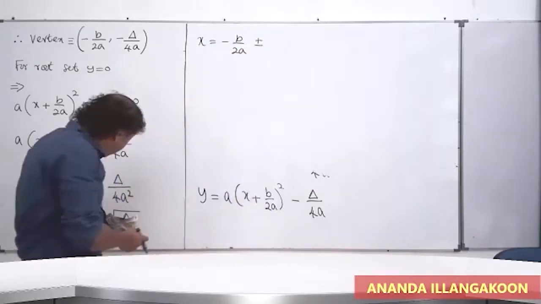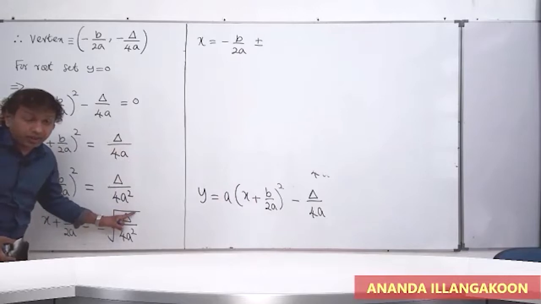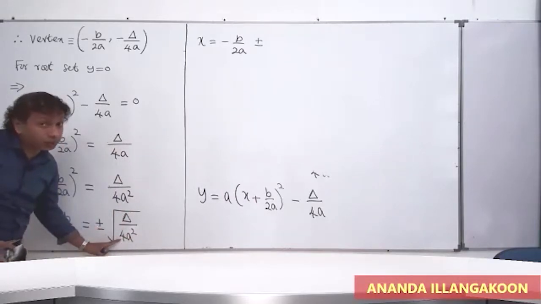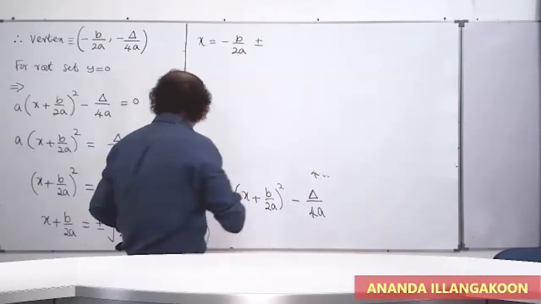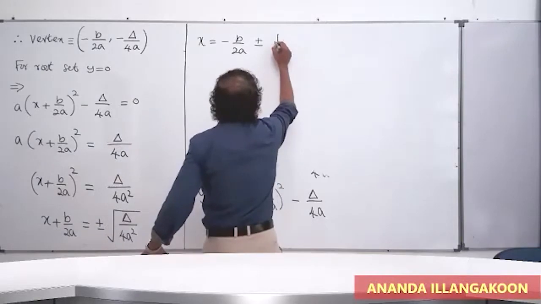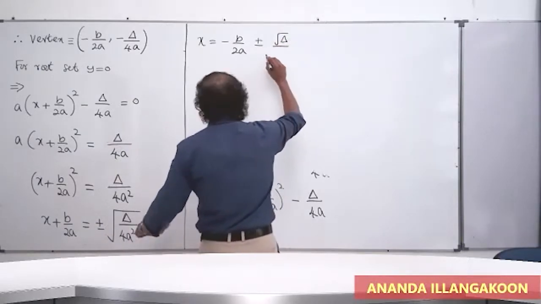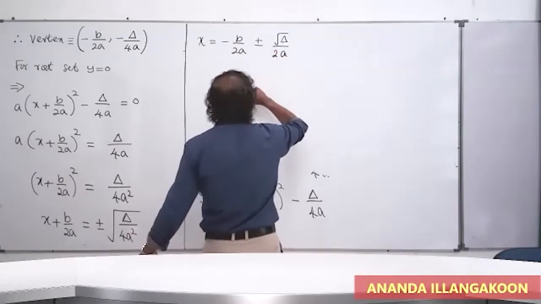Once you take the square root of this fraction, square root of the numerator, then root delta. Square root of this 4a squared, square root of 4 is, people, 2, square root of a squared is a. So then we get root delta divided by square root of 4 is 2, that of a squared is a.